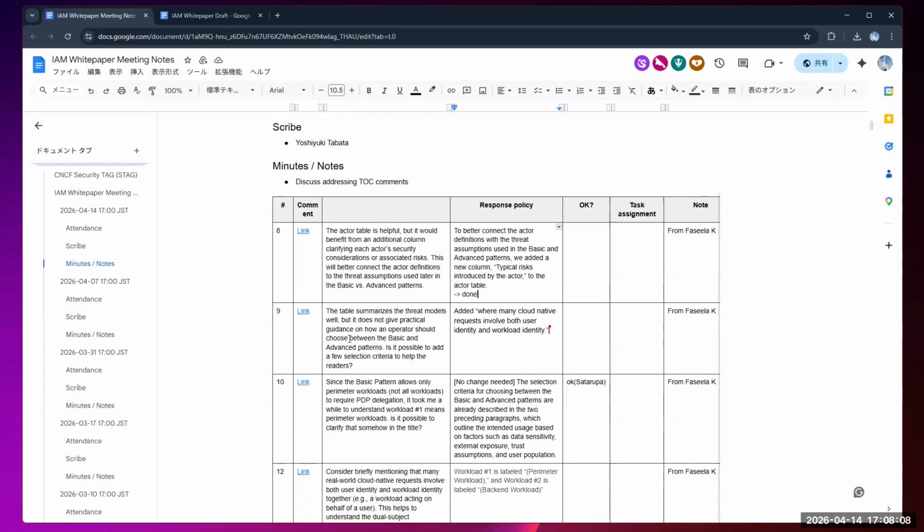And regarding the next one, this also was already resolved by Fasira. The table summarizes the models well, but it doesn't give practical guidance on how an operator should choose between the basic and advanced patterns. Is it possible to add a few selection criteria to help the readers?